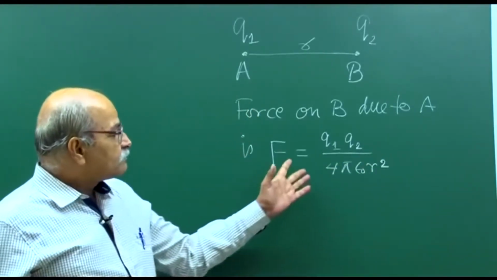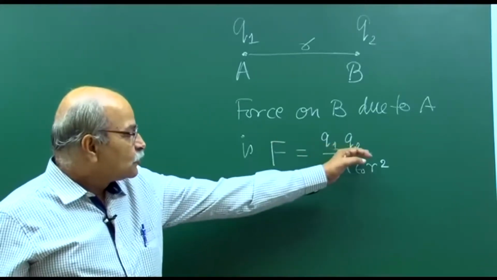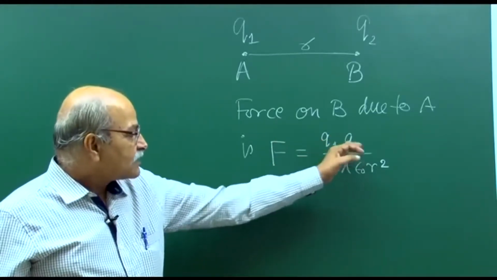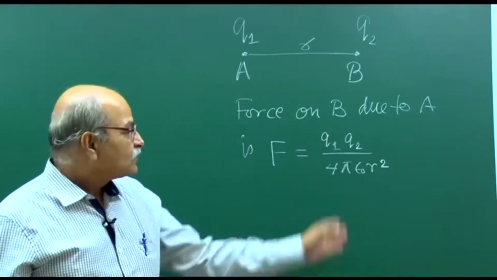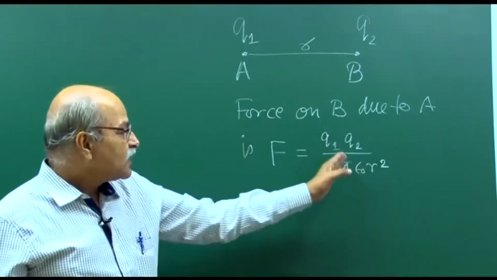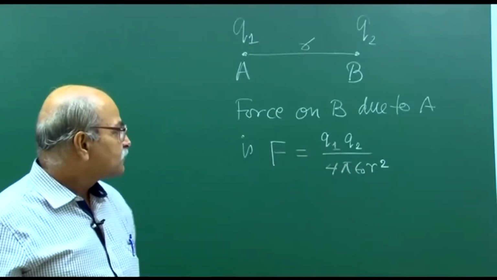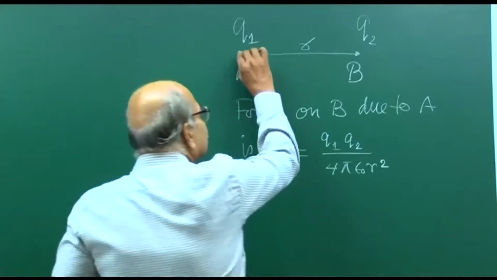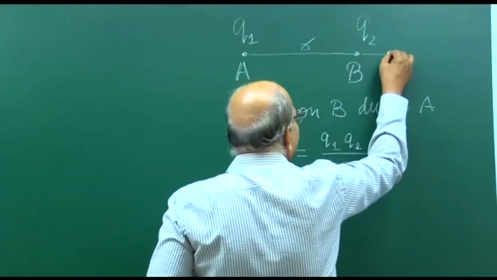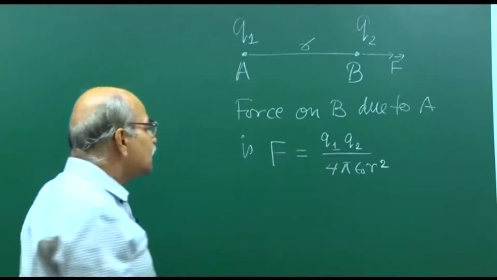And with proper direction: if the signs of Q1 and Q2 are the same, both are positive charges or both are negative charges, then this whole thing is positive and it gives me the magnitude of the force, and the direction of force on B will be away from A. So, this will be the direction of this force.